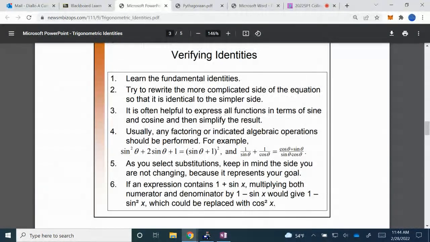It says it's often helpful to express all functions in terms of sine and cosine, and then simplify the result. So I'm going to bring up a problem.